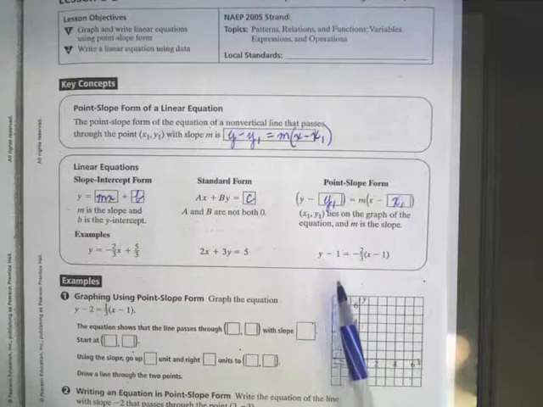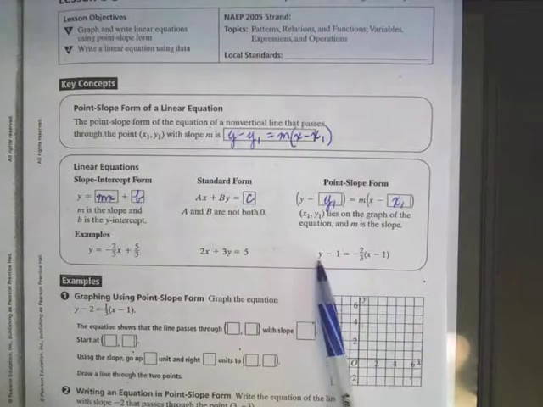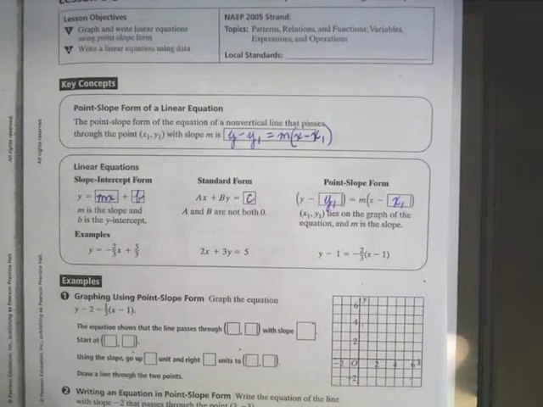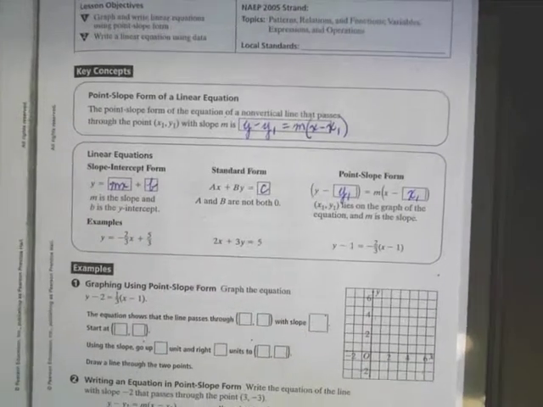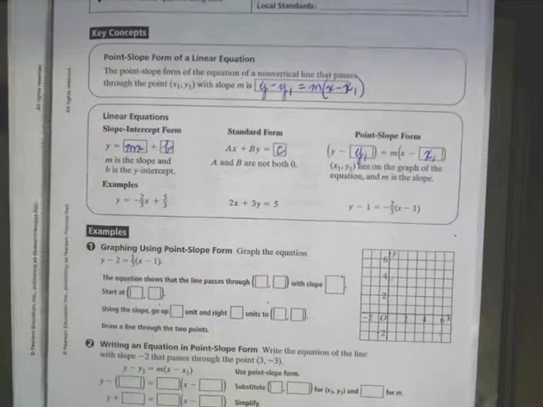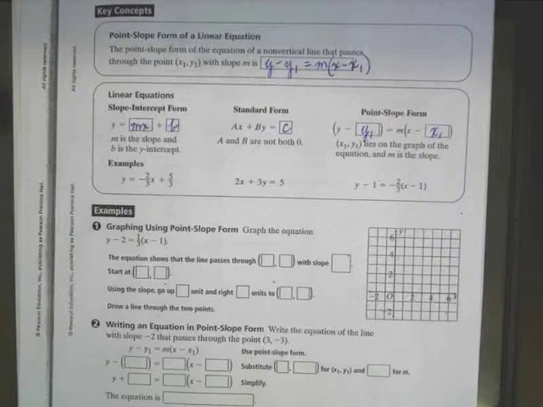If the point that we looked at was 1, 1, and the slope is negative 2/3, we have y minus 1 equals negative 2/3 times the quantity x minus 1. Okay. So those are the three different formats, and we'll look at how we might use them.